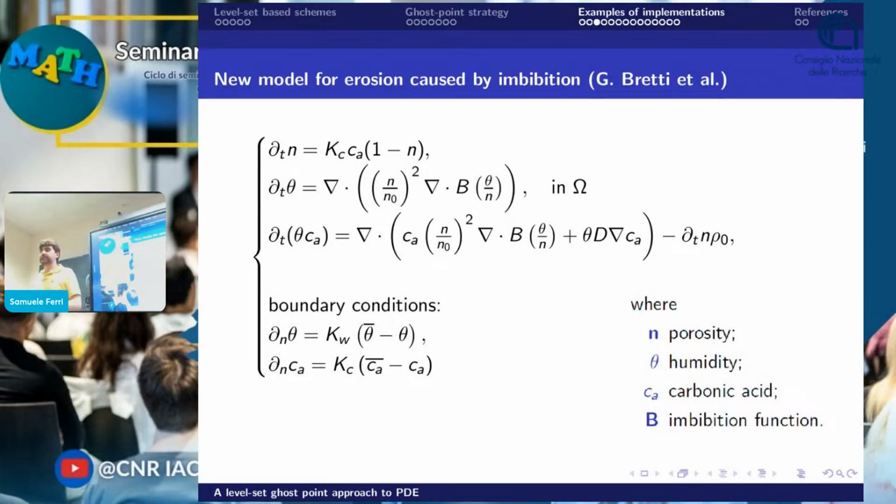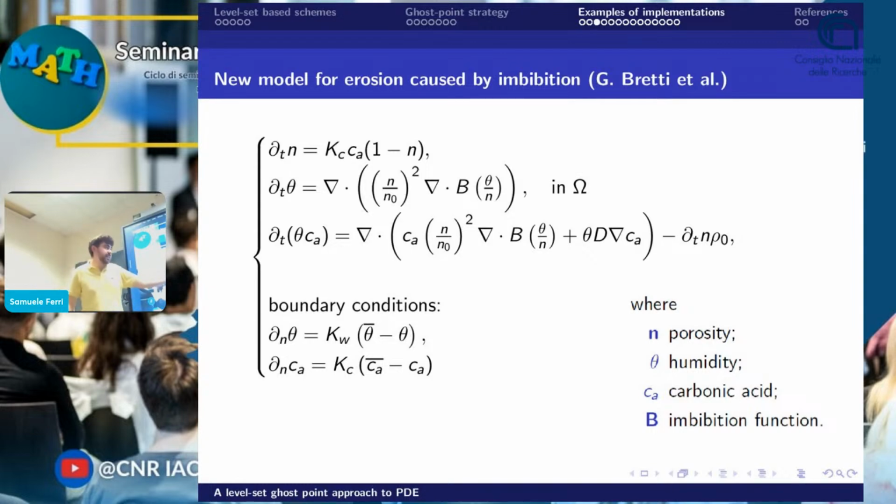B is a function that describes the imbibition, and it is calibrated from some parameters and some realistic data.